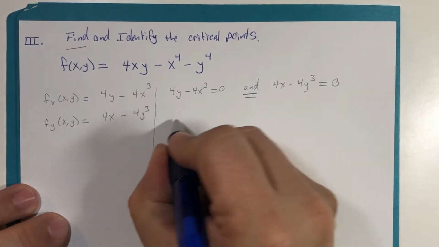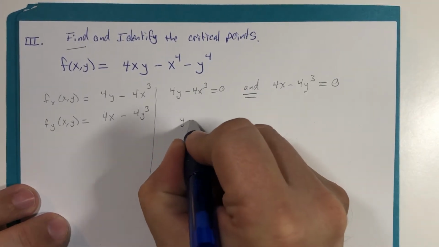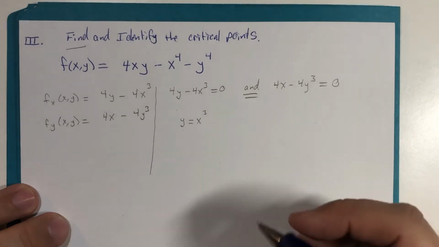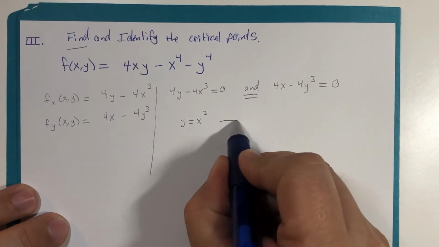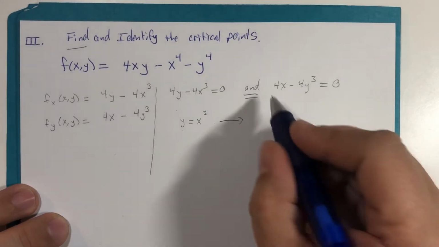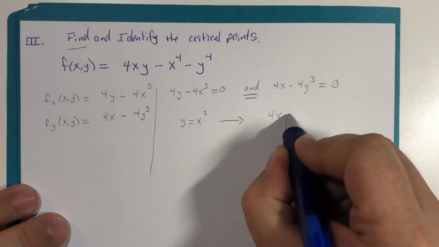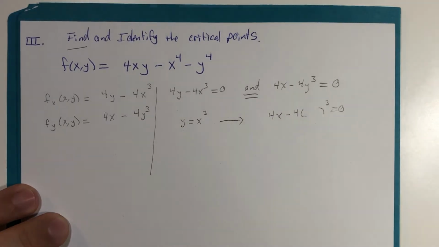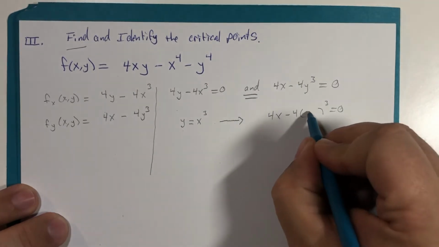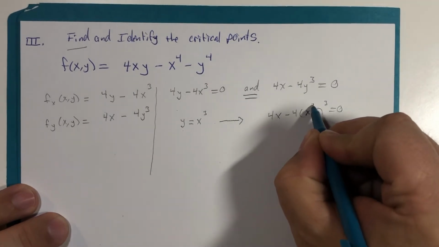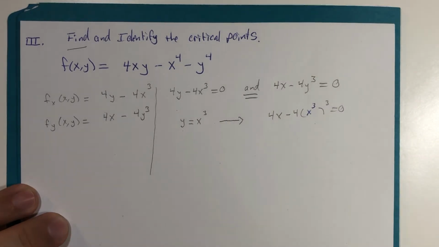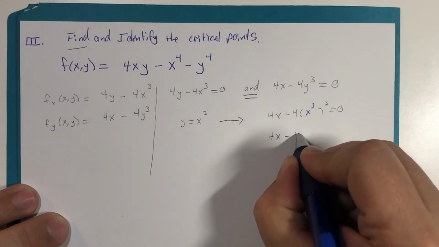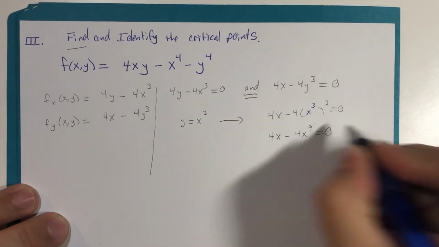But if I start with this one, I can quickly resolve this to y is equal to x to the third power. Add and then divide by 4. And if I substitute that y value into this one, 4x minus 4y cubed equals 0, and I let y become x cubed, now that equation has only one variable in it. 4x minus 4x to the ninth equals 0.